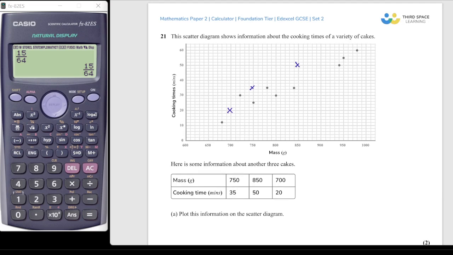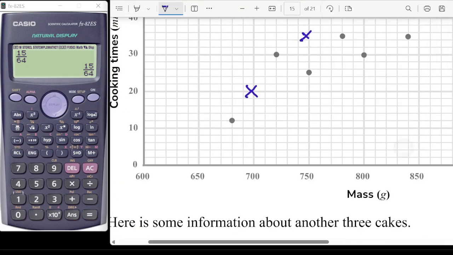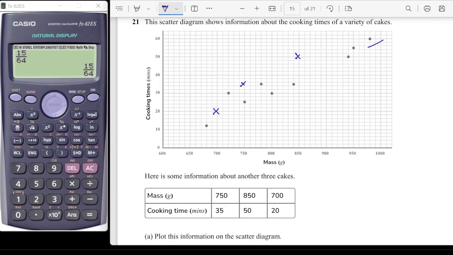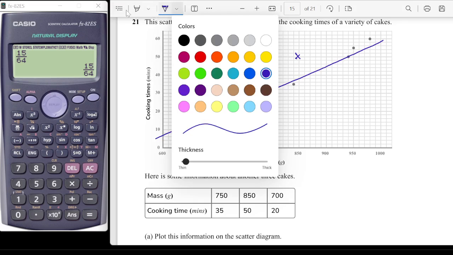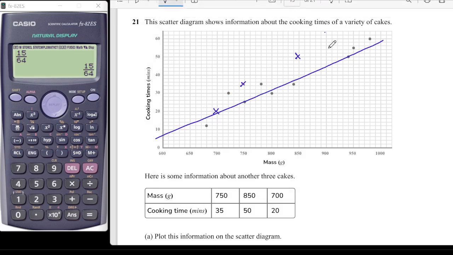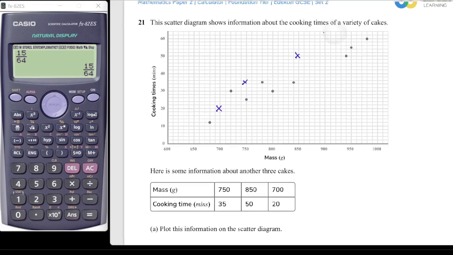Hold on a second. Okay, we'll try that again. I've managed to find a straight edge. That's about as straight as I can get. That's a little bit low. I'm actually not happy with that, that's a little bit too high, so I'm going to go there.